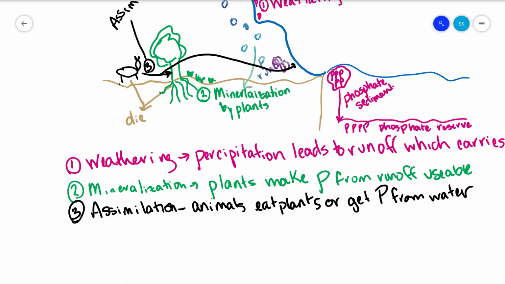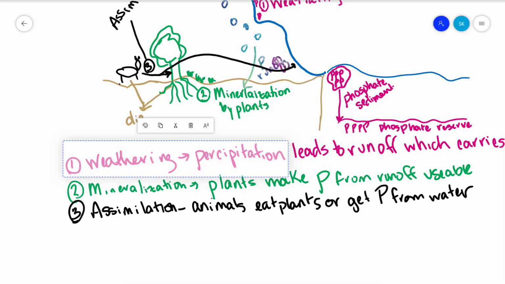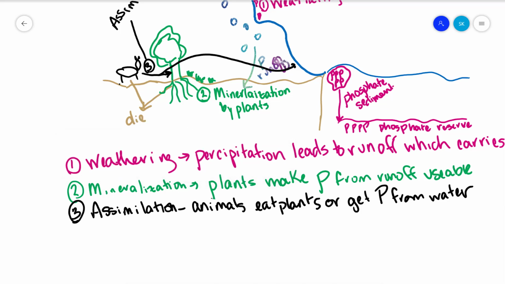All right. So essentially you have bacteria and fungus. You have your decomposers. And this is step 4, they are going to decompose bodies and put the phosphorus back in the soil.